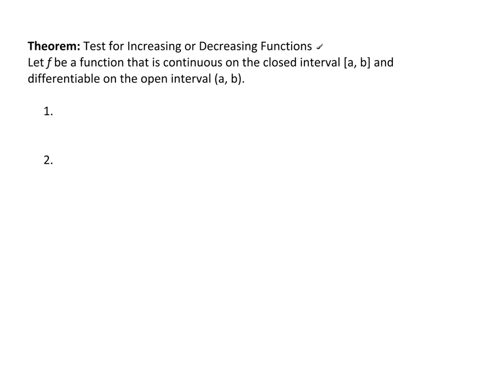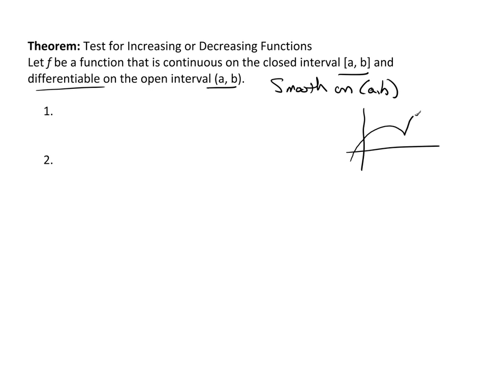So that actually leads us to the idea of a test for increasing or decreasing functions. Let f be a function that is continuous on the closed interval a b, and it's differentiable on the open interval. This differentiable on the open interval tells me that the curve is smooth on that open interval a to b. Everything I've drawn so far has been a smooth curve. If I have something that perhaps looks like this, right here is a cusp, and at that point the derivative is undefined.